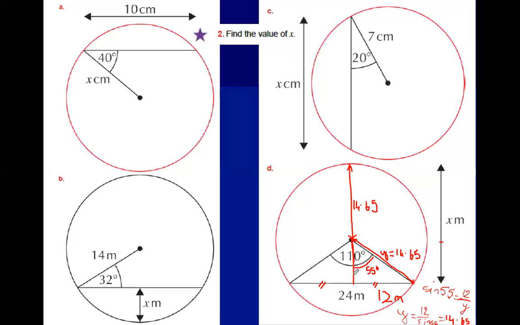So adjacent equals 14.65 times cos 55, and that gives me 8.4. So that length here is 8.4.